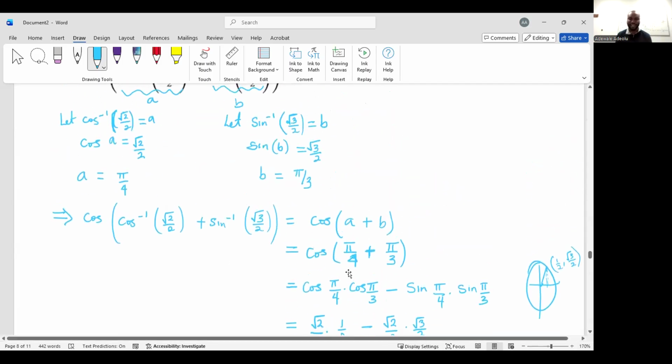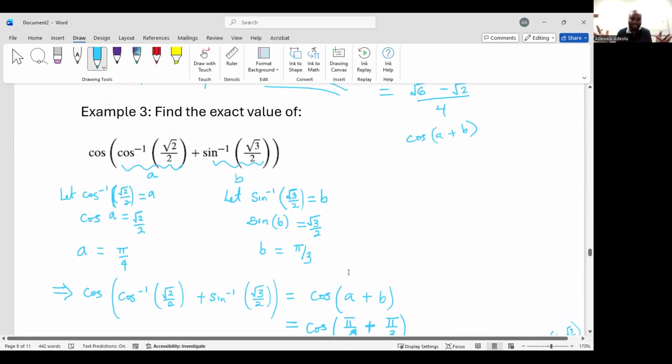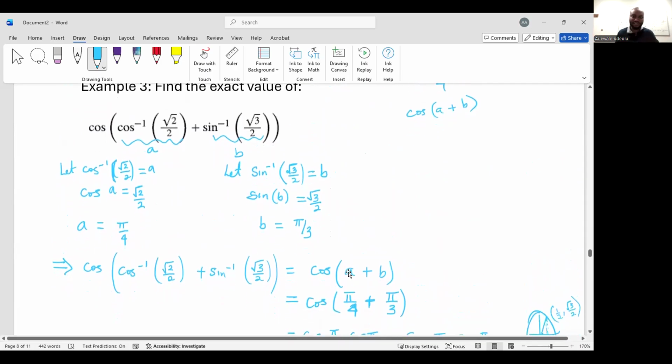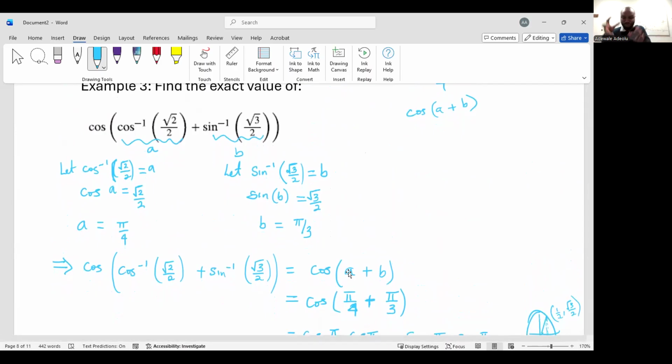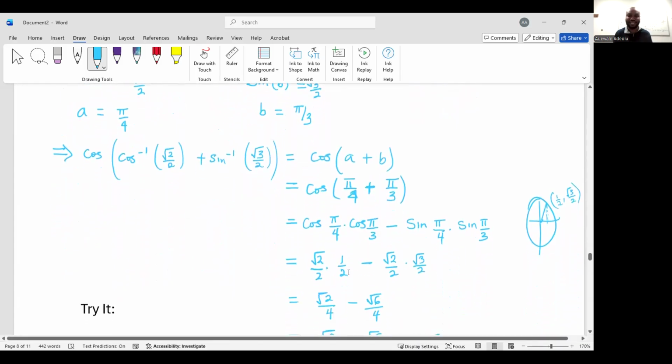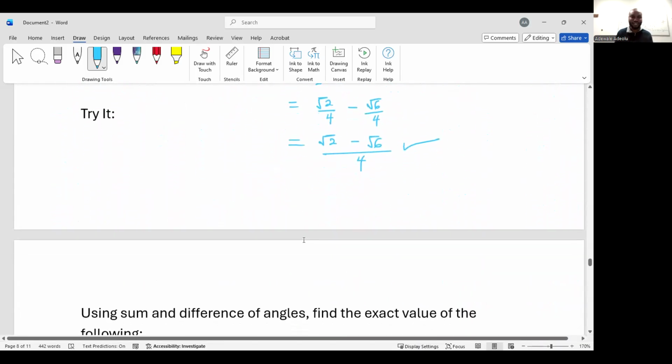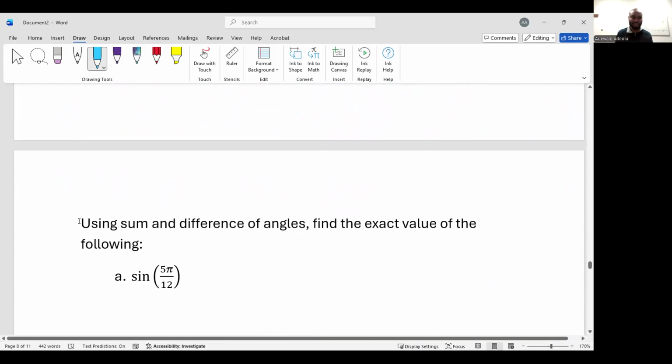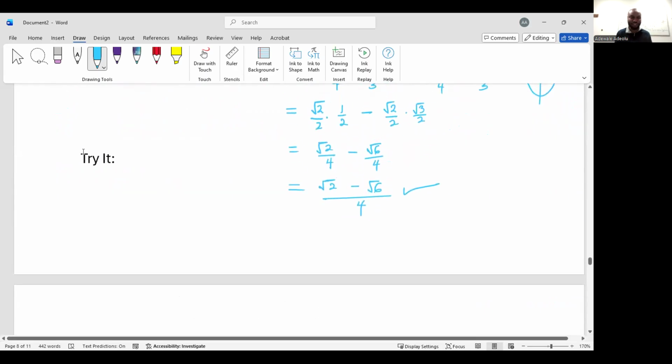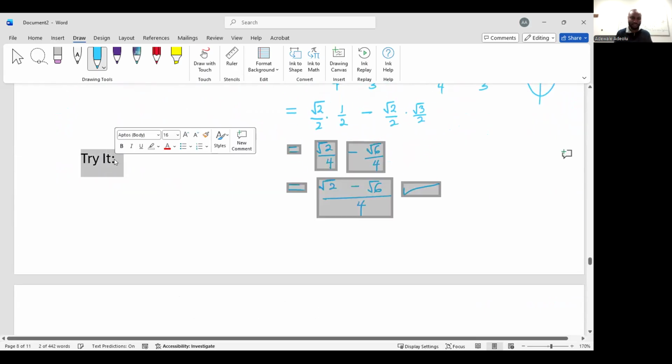So that is that, guys. At the end, it is nothing special. It's just bringing our last class to the idea we just learned today, combining the two together. So you can go ahead and work on this try it.